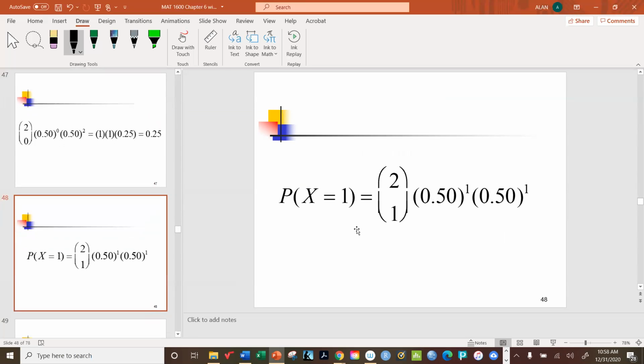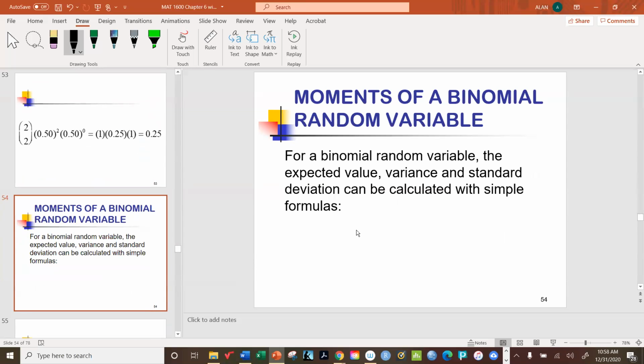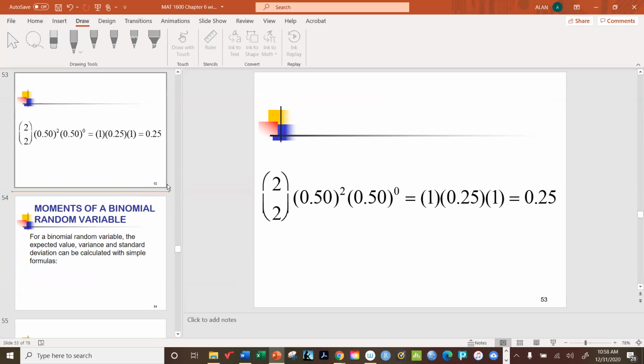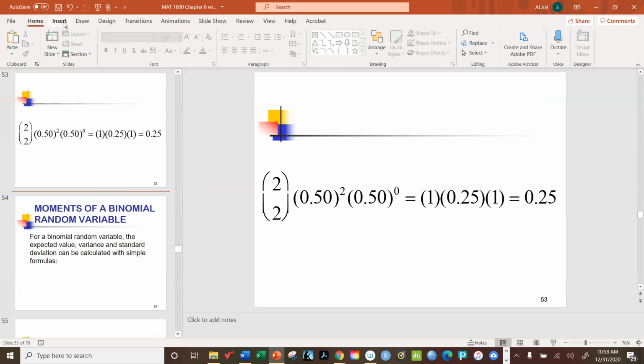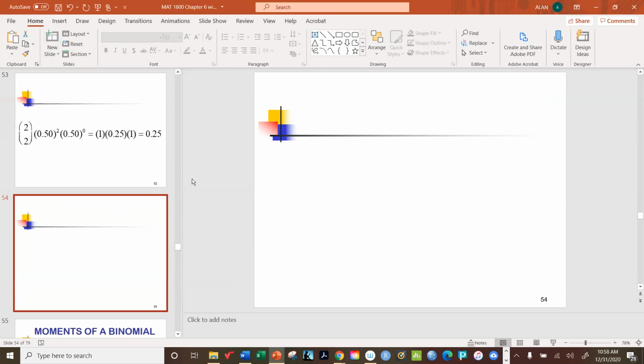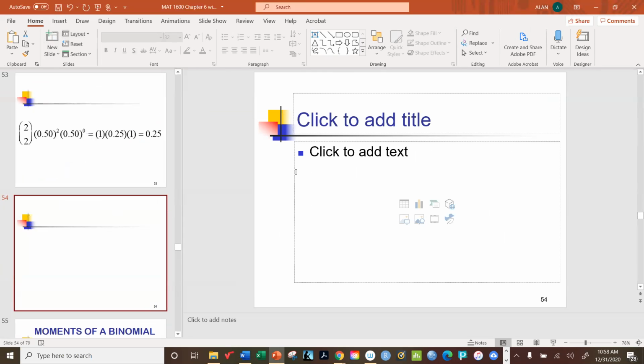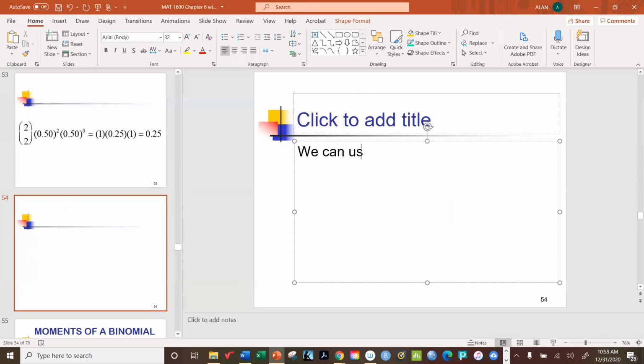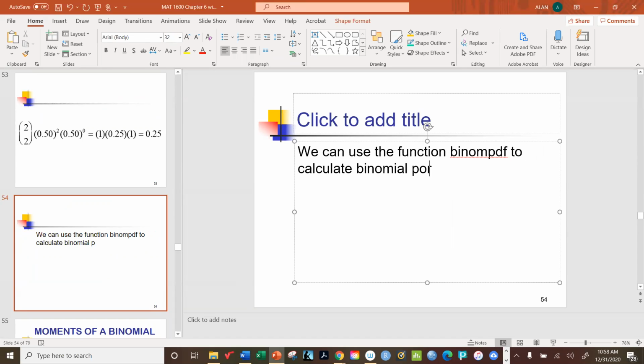But I also pointed out that the calculator can do this directly for us with the function binom PDF. So just remember that. By the way, I did not mention this the other day. If you look at that calculator very carefully, we can use the function binom PDF to calculate binomial probabilities.